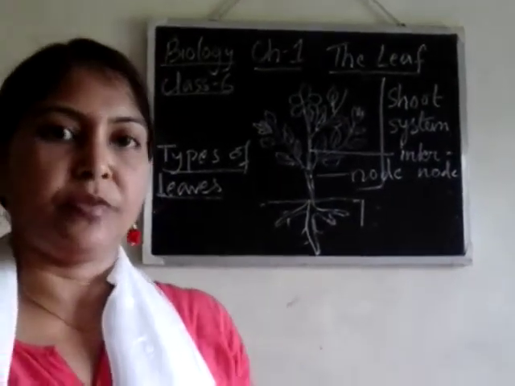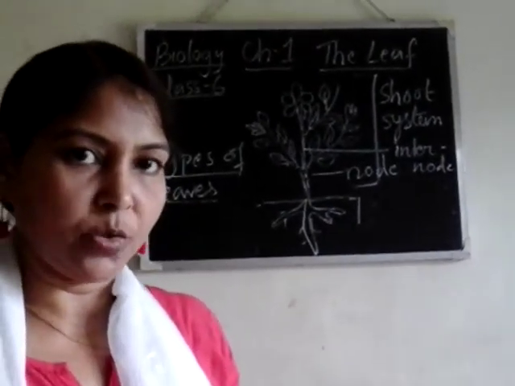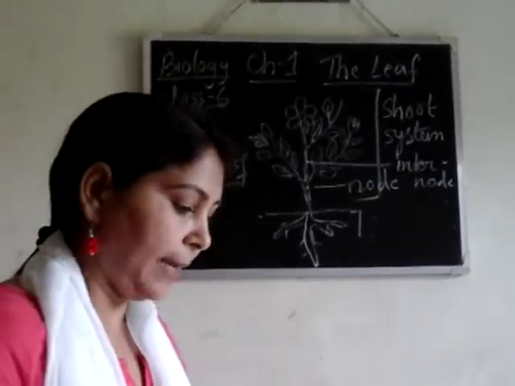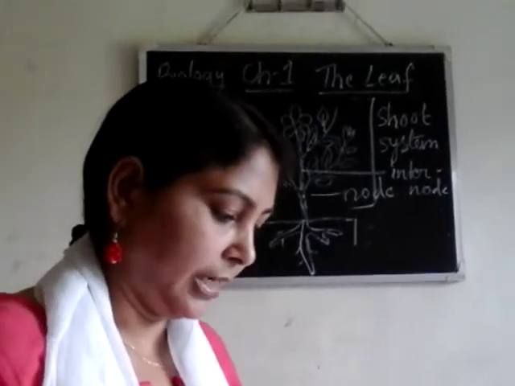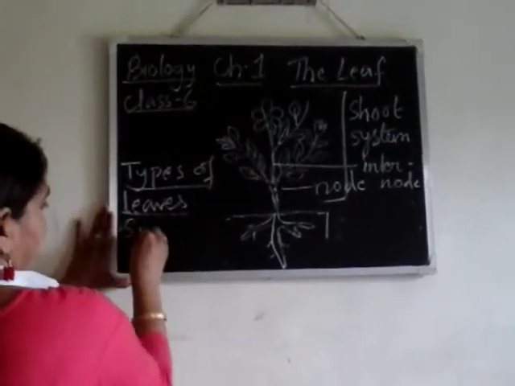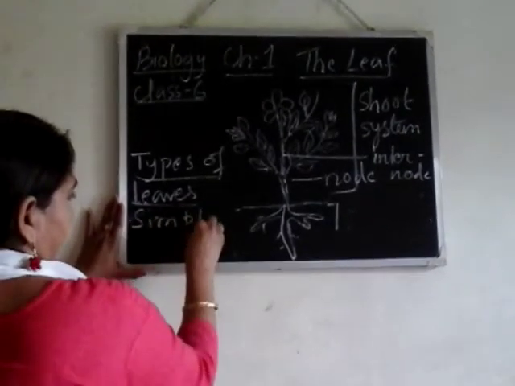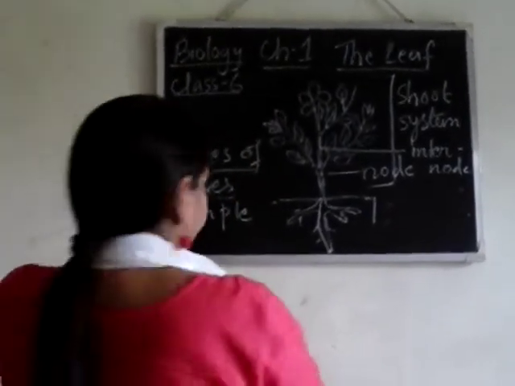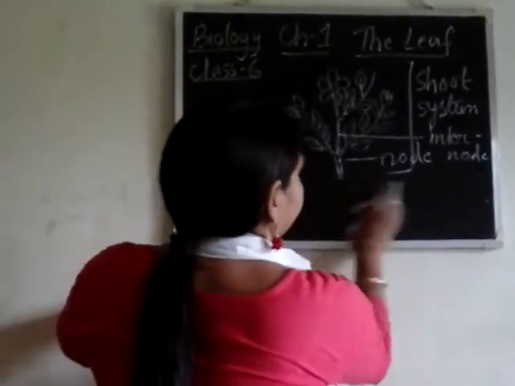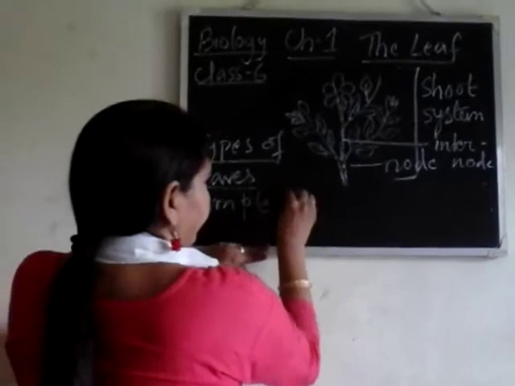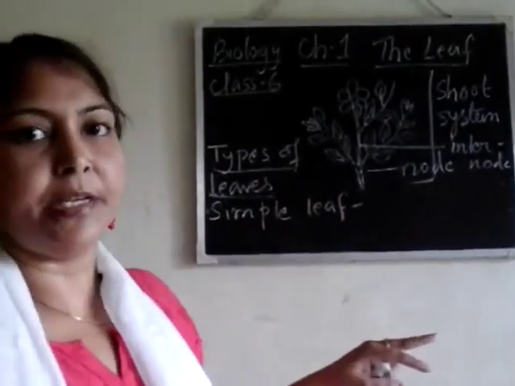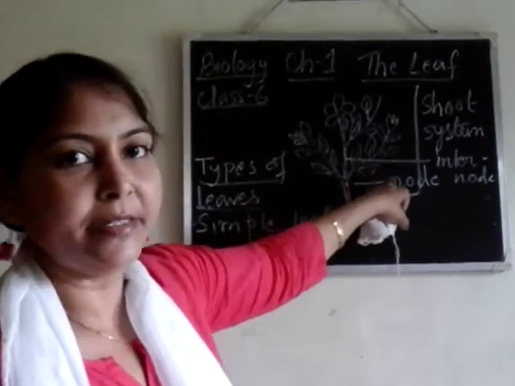There are two types of leaves basically. One is called simple leaf and another is compound leaf. Now what happens in case of simple leaf? You can see here this plant.